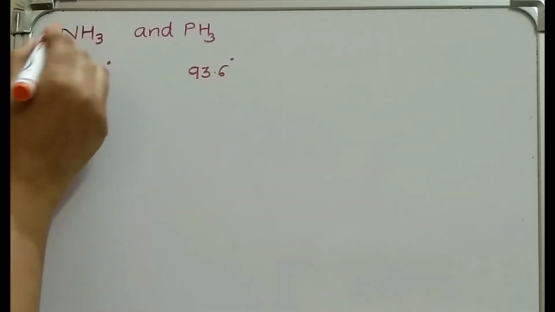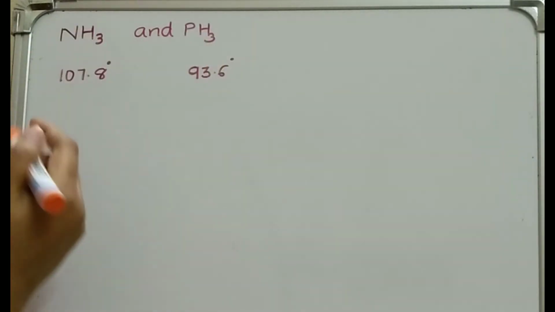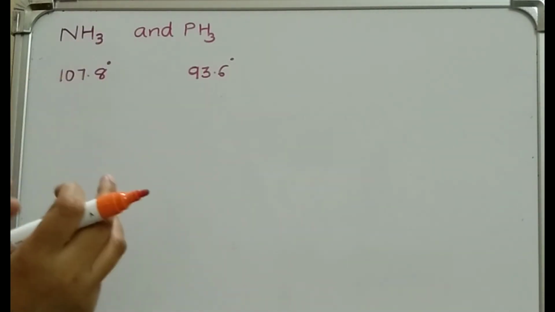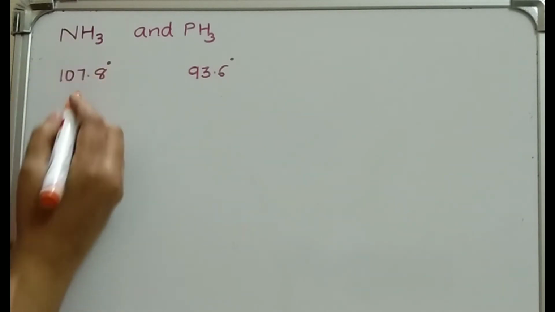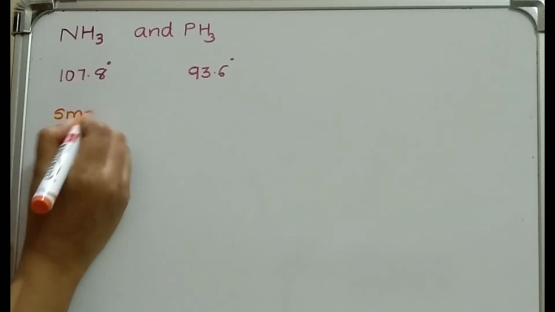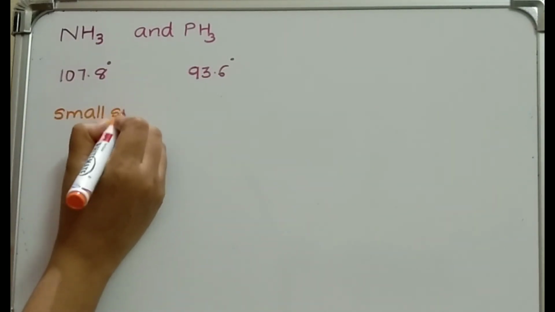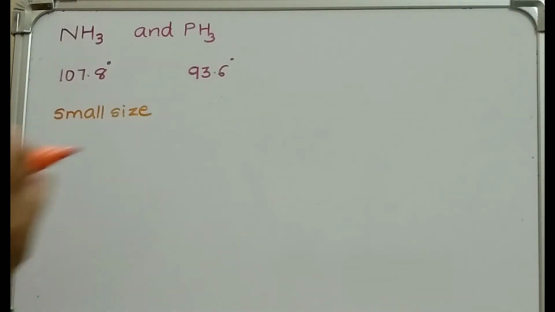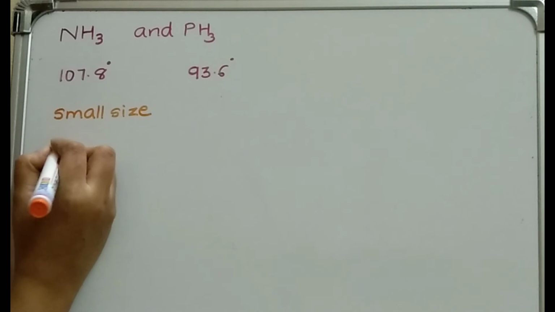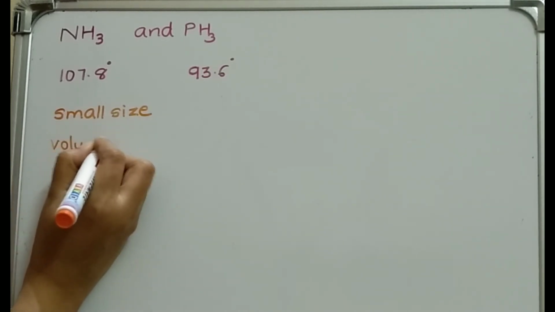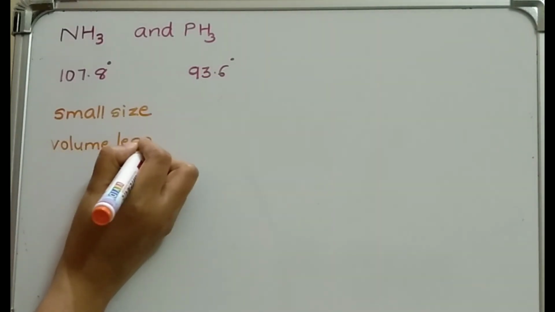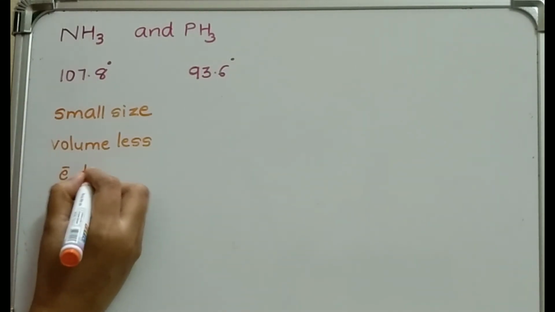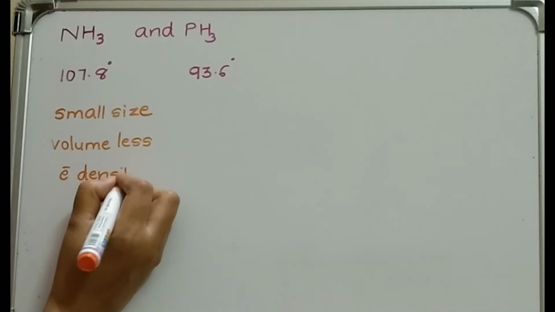Ammonia, it is N, nitrogen, here it is phosphorus. So N, nitrogen and H3. Hydrogen is also a small atom. So their size is small. If the size is small, volume is less, correct. If volume is less, the electron density will be more.